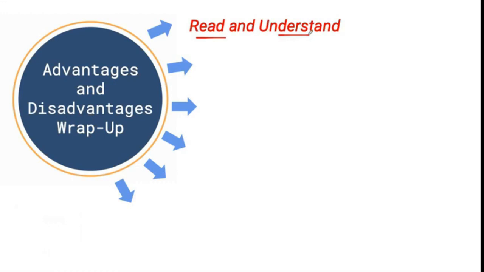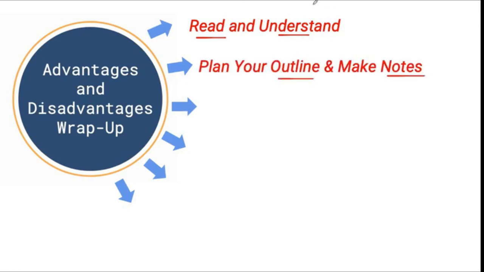You might have the type that we had today where you have to talk about which outweighs which, and you might have the last type where you have to talk about advantages, disadvantages, and your own opinion. So make sure you really understand the prompt you have, and based off of that, you can plan your outline and make your notes. Remember, these should only take about 5 minutes maximum, these 2 steps.